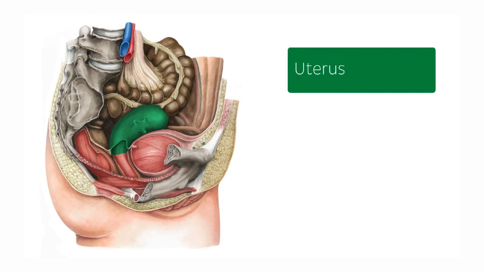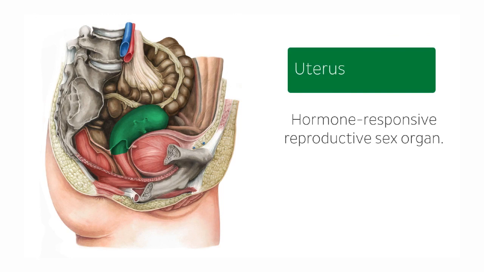And the uterus is a major female hormone responsive reproductive sex organ. One end, the cervix, opens into the vagina while the other is connected to the fallopian tubes. And you can clearly see here on this image, this end here, the cervix, will be then connecting to the vagina while the upper portion is then connected to the fallopian tubes.